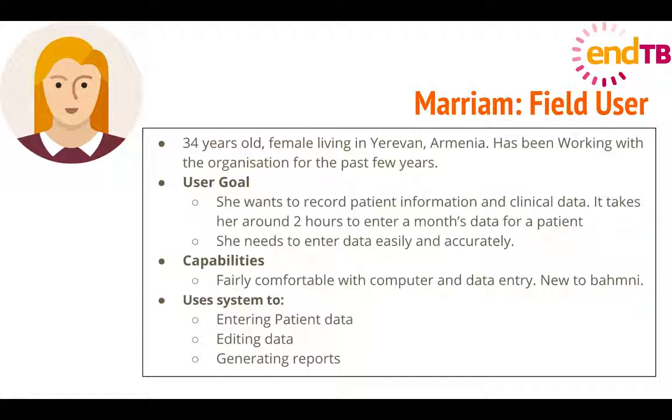It takes me around 2 hours to enter a month's data for a single patient, and my main aim would be to enter data as easily and as accurately as possible. As far as my capabilities are concerned, I'm fairly comfortable with computers and data entry, though I'm quite new to Bumni. Typically, I would use the system to enter patient data, to edit patient data, and at times I also generate reports. So that's an introduction to my persona.